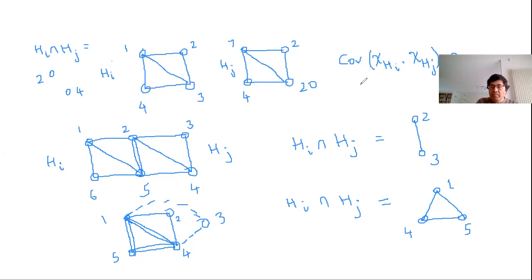And the value of the covariance will depend on what exactly the subset is. If the intersection contains no edges, the covariance will be 0. If it contains edges, it will not be 0, but what it is will depend on what the intersection is. Okay, so let's work out what happens in general. Hopefully these pictures give you an idea of all the possible things that can happen in general.